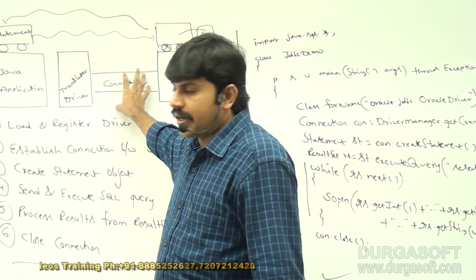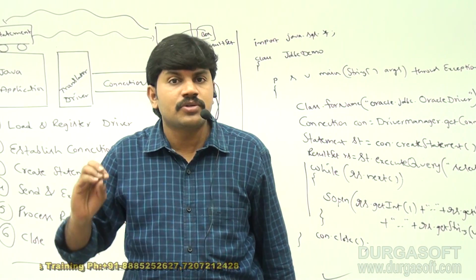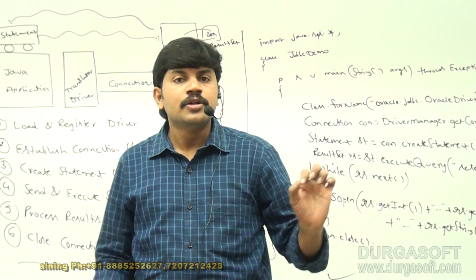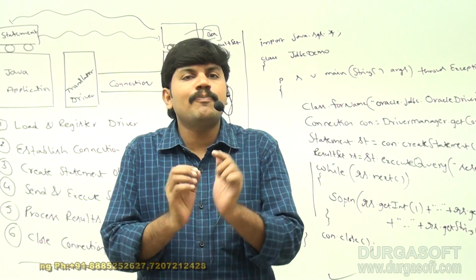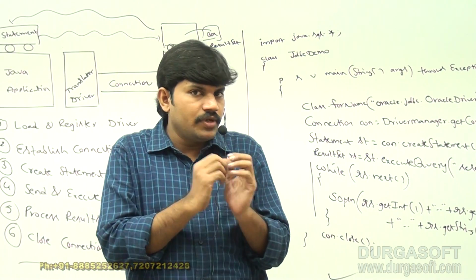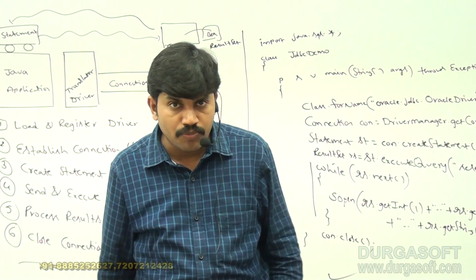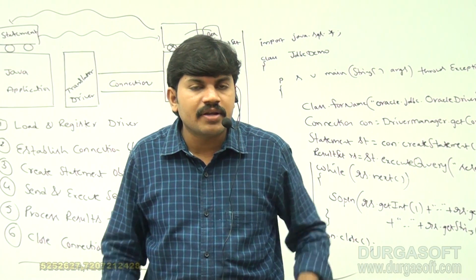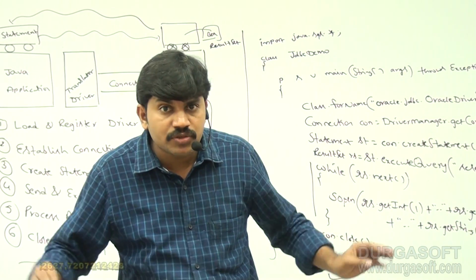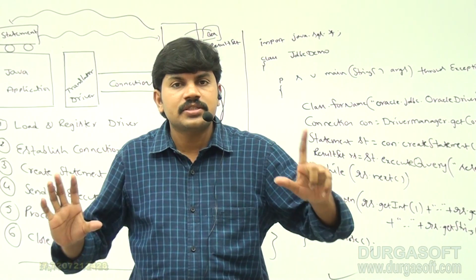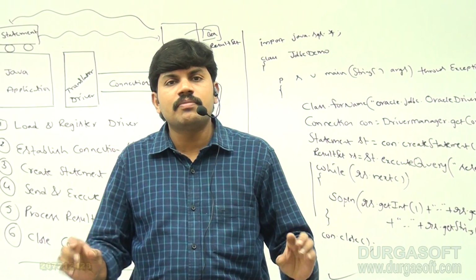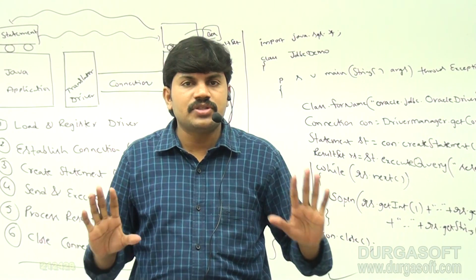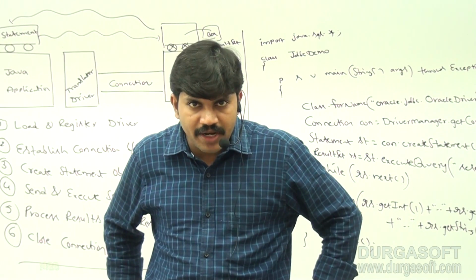I introduced these. Next, the standard steps to develop a JDBC application. I even executed a small program and showed the output. But my intention is that you are not required to know what parameters and methods we need to call. You just have to get the very simple, overall picture of JDBC. Clear for all of you, right? That's all.